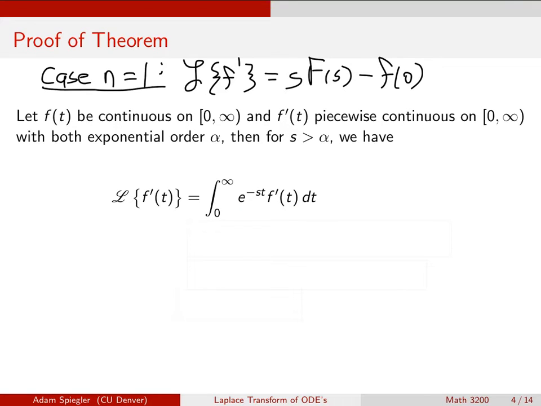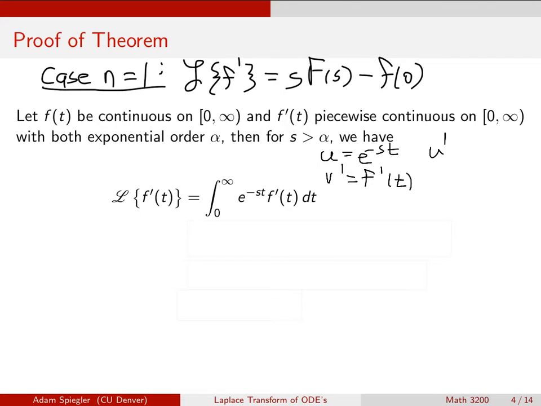Well, I've got something times a derivative, so this looks like it might be a good candidate for integration by parts, and in fact it is. So I could, for example, set u equal to e to the minus st, and I could set v prime equal to f prime.